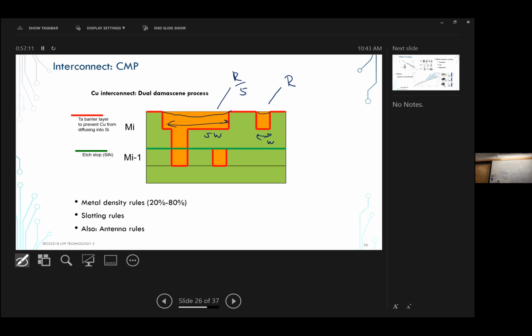But because some of the copper needs to be removed during the mechanical polishing process, will the resistance still be 5 to 1? No, this one is going to have a higher resistance.